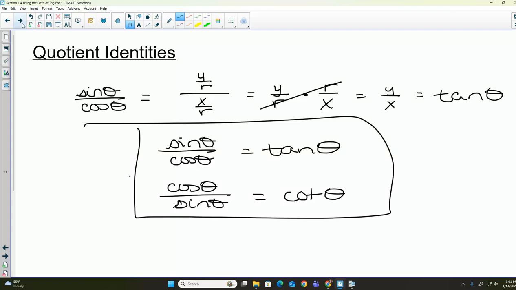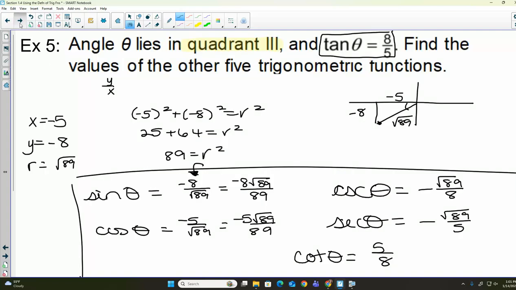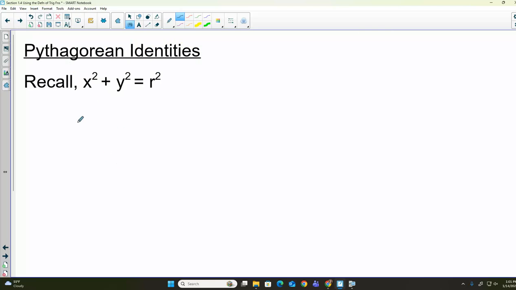The last thing I want to do is our Pythagorean identities. We keep using over and over again x squared plus y squared equals r squared. I can actually use this formula to get several different identities.